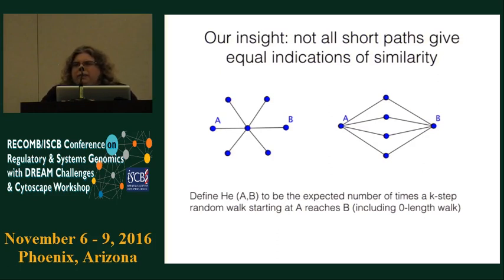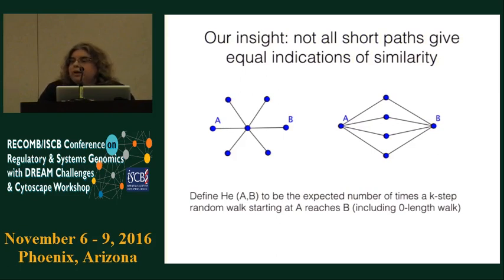So again, I said almost everything is distance 2 apart. But our insight is to notice that not all length 2 paths give you the same confidence in similarity. For example, if my only connection between A and B over here is through a hub, then that doesn't really vote that A and B are very similar, compared to when A and B are connected through some low-degree node in the network, right?